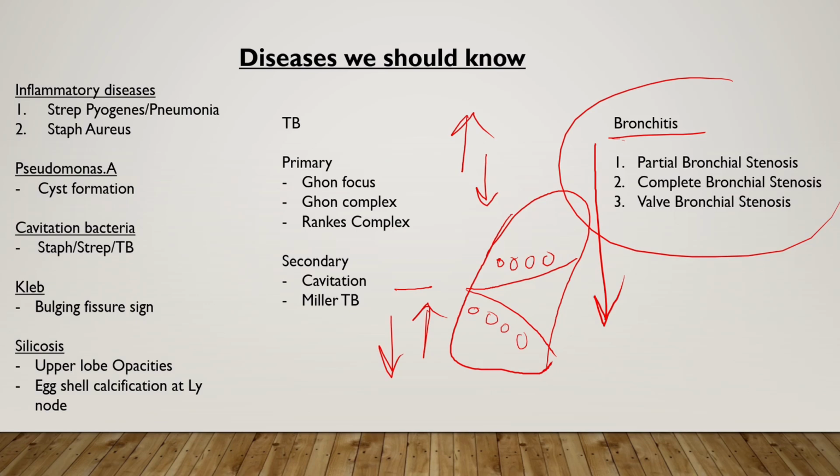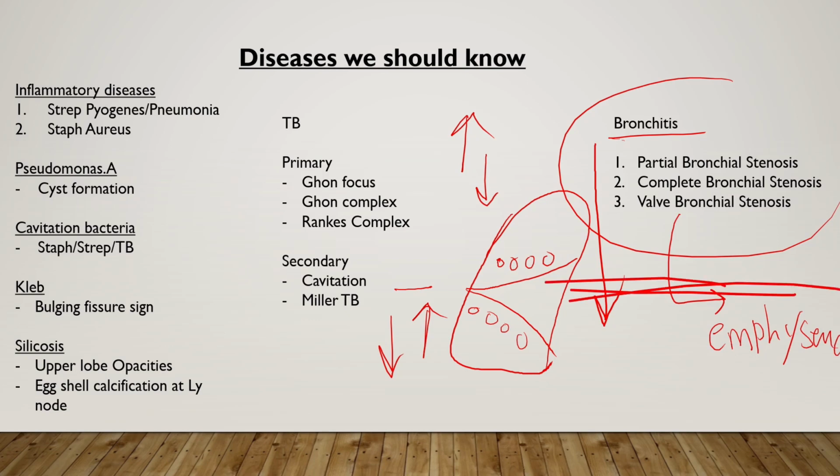This is like atelectasis, i.e. tumor compression or otherwise, and valve bronchial stenosis. This is a later stage, more severe, associated with emphysema, I think, when you can't get the air out of the lung. Now, let's move on.